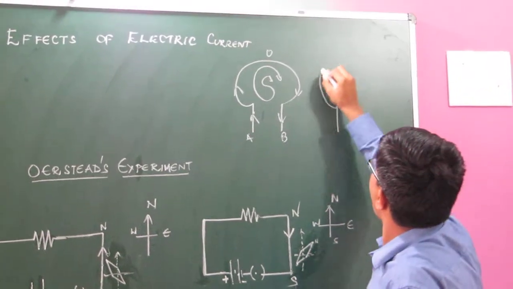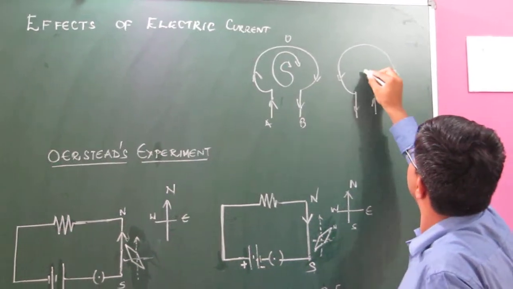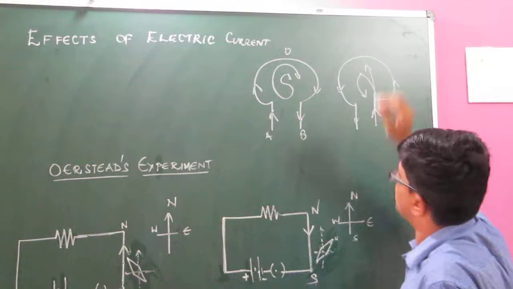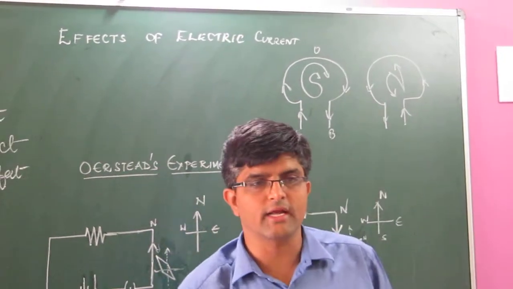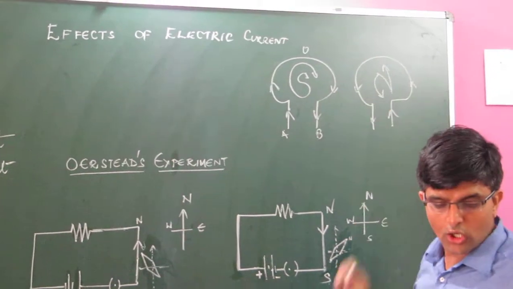If it is anticlockwise, then the face towards you would be the north pole. So the two poles which are created are south pole and north pole. This is called the clock rule.